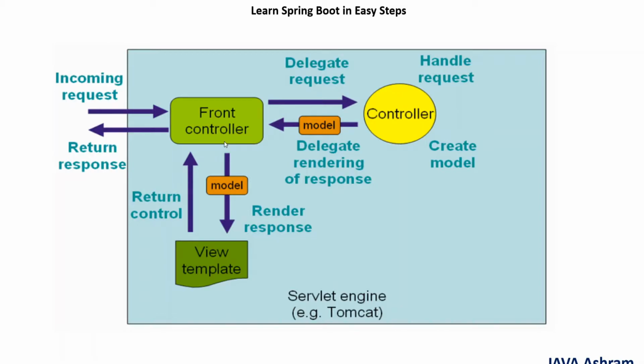Here there will be a view resolver, which resolves the view and returns the response after rendering the template. The response comes back to the front controller and it sends the response. So whether the request is coming or going, this is the single point of entry. All kinds of requests have to be routed through the front controller, right?